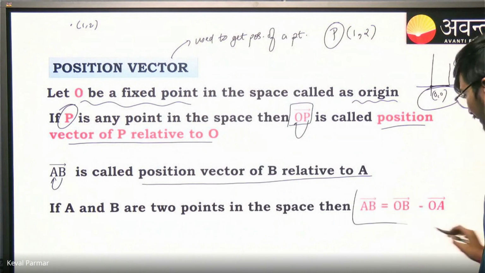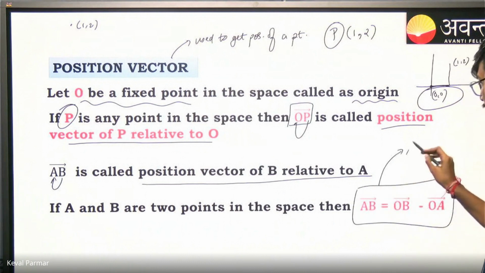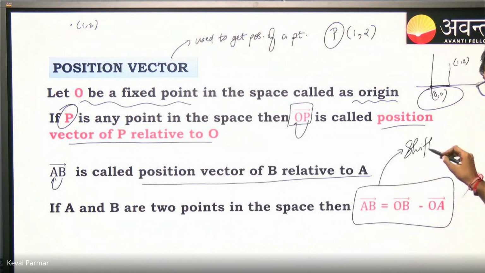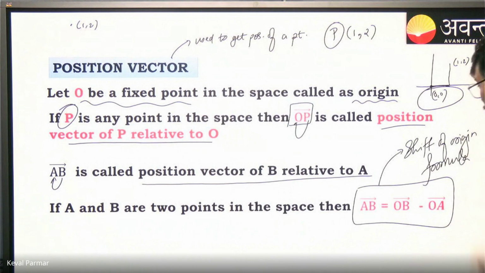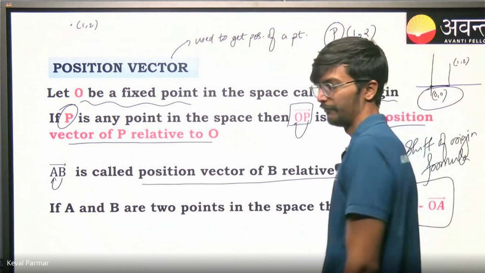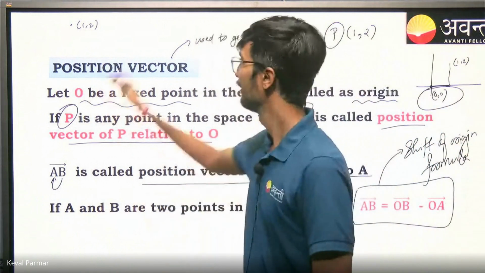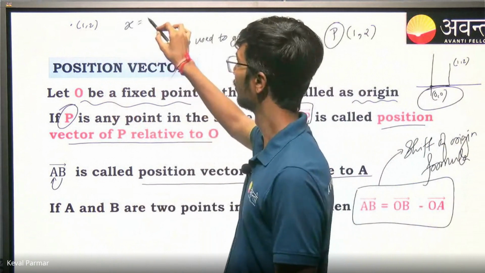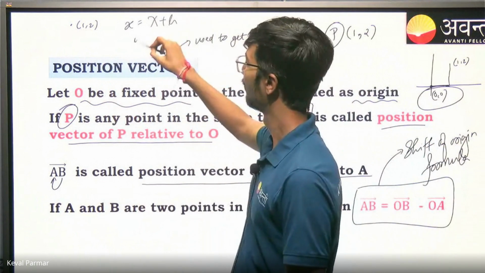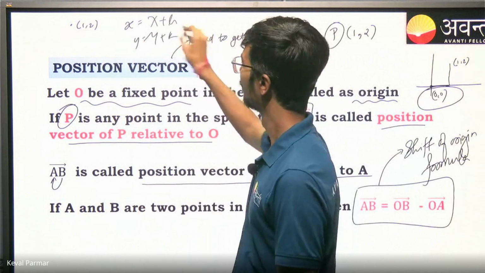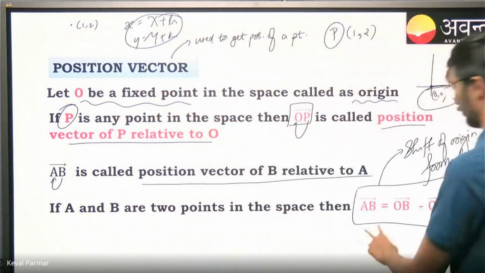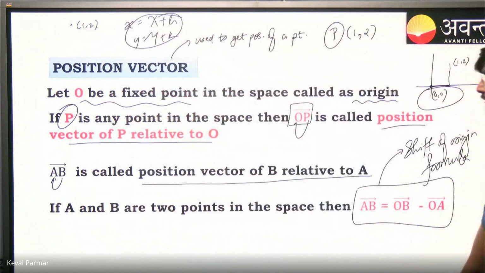This is basically the shift of origin formula. If you remember shift of origin, we would write x equals x plus h, y equals y plus k. So it looks similar, right? Vector equals something minus something.